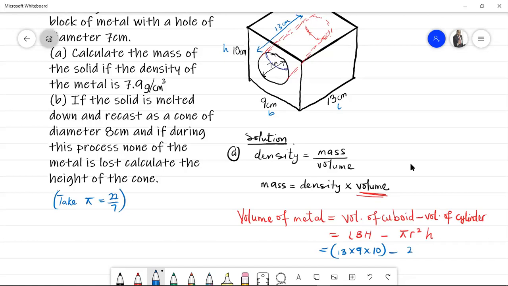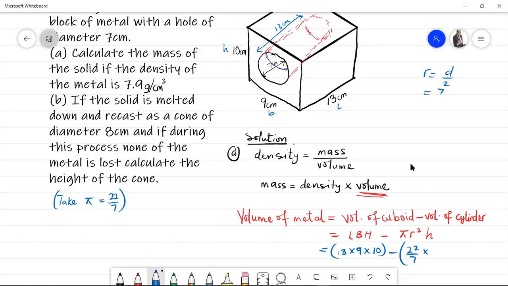So over here, I could open a bracket and have 22/7 multiplied by the radius. What is our radius for the cylinder? If you look at the diagram, you will see that they gave us the diameter of the hole, which is the diameter of the cylinder, as 7 centimeters. And radius, as we know, is diameter over 2.